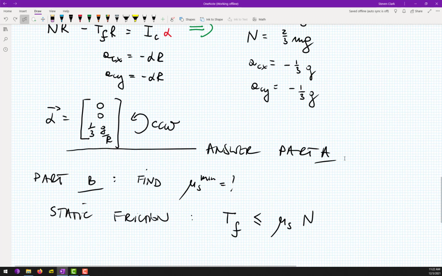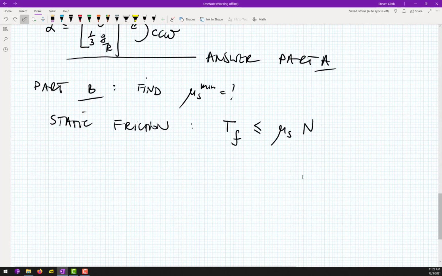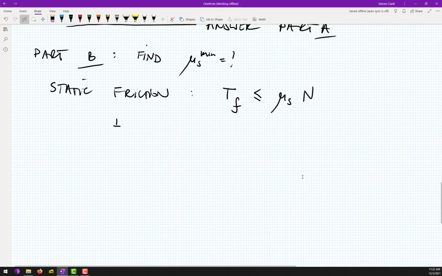So we have 1/3 mg is lower equal mu s 2/3 mg, and some things are going to cancel out. Yes, I think that these three will cancel out, as well as mg.